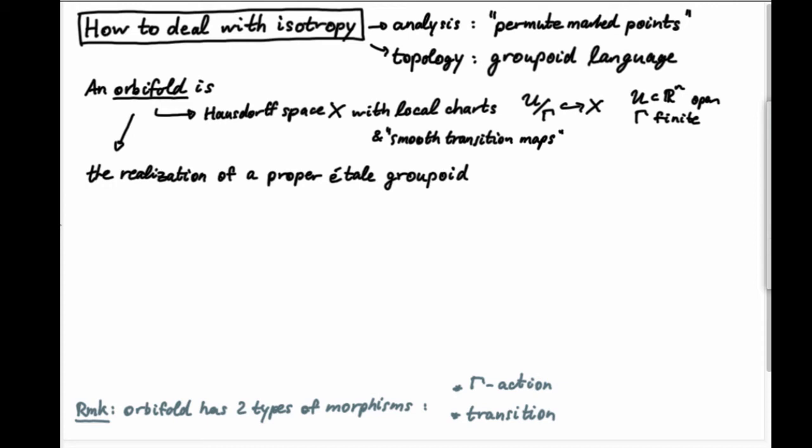So an orbifold is simply something where the open sets in R^n can get quotiented out by finite group actions. And then you have local homeomorphisms to your space, like that.